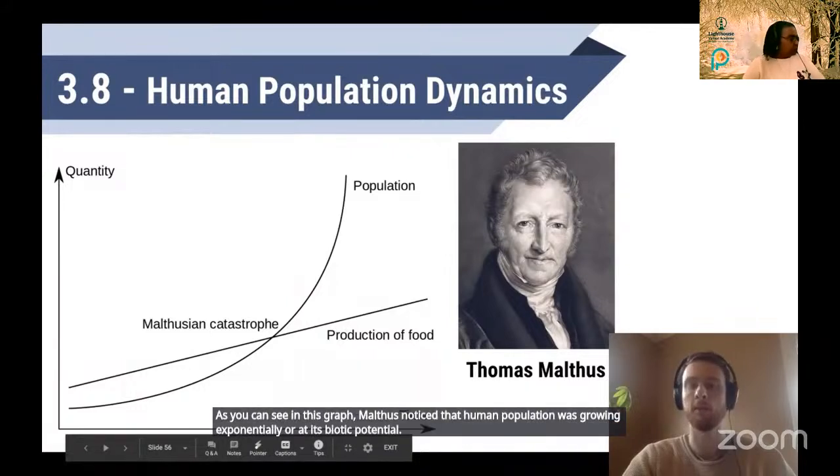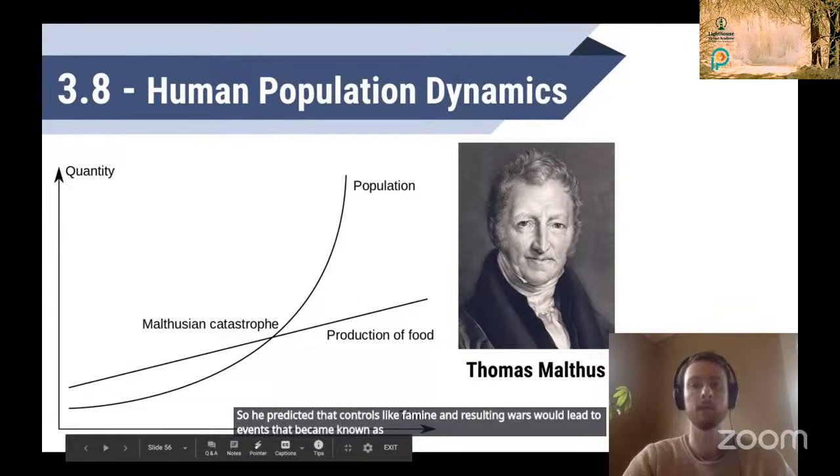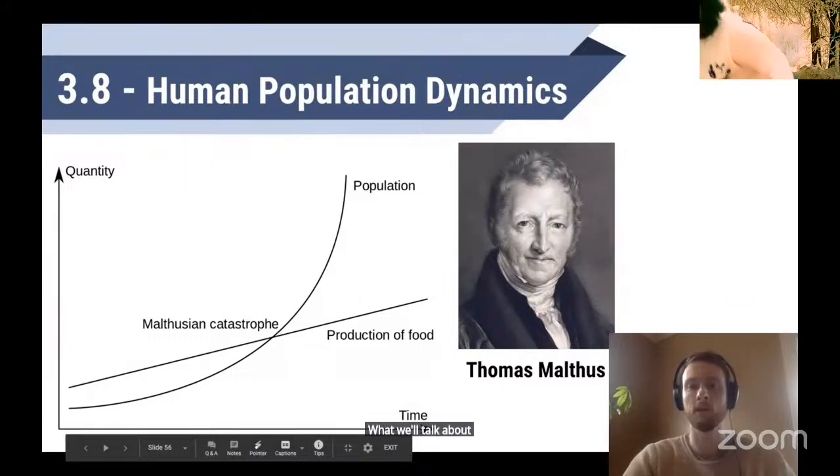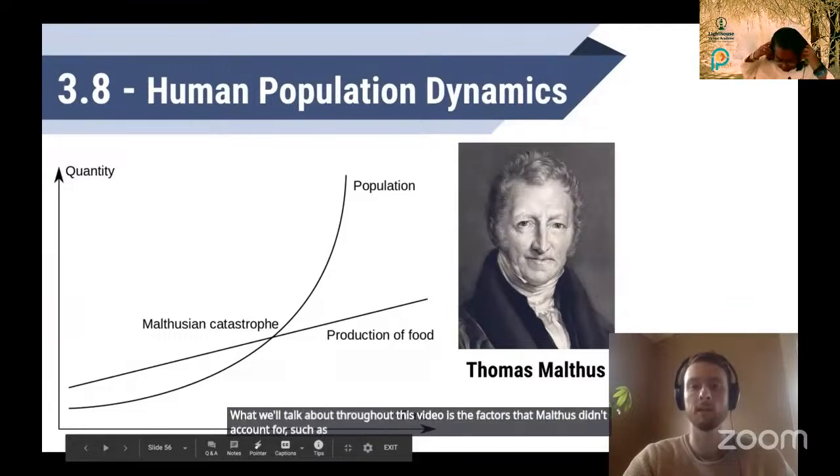Meanwhile, our food resources were only increasing in a linear fashion. So he predicted that controls like famine and resulting wars would lead to events that became known as Malthusian catastrophes. He predicted that these would limit human population growth or impose a carrying capacity for humans. What we'll talk about throughout this video is the factors that Malthus didn't account for, such as technological advancement that would alter food supply.